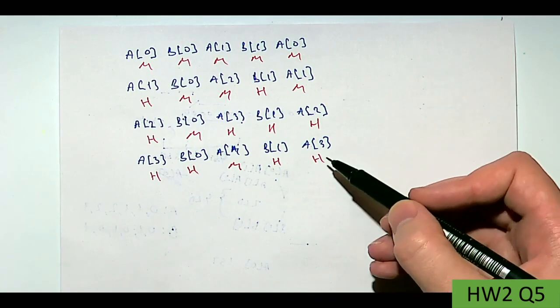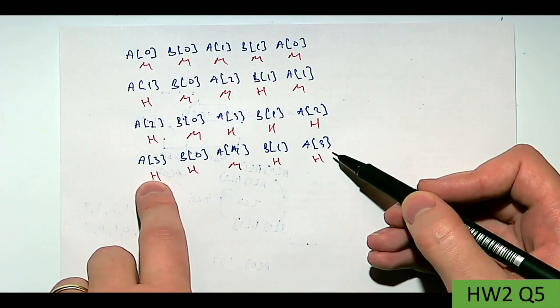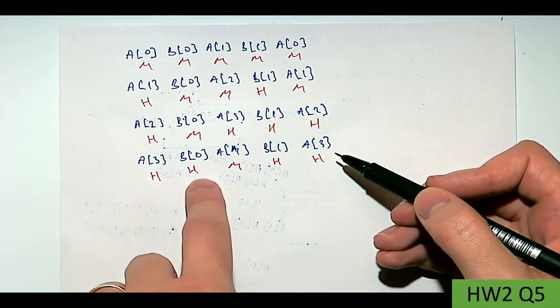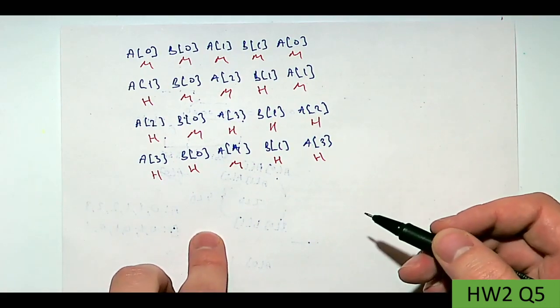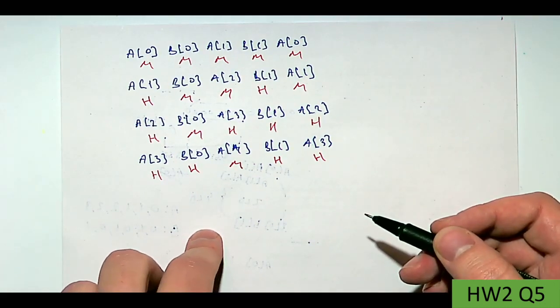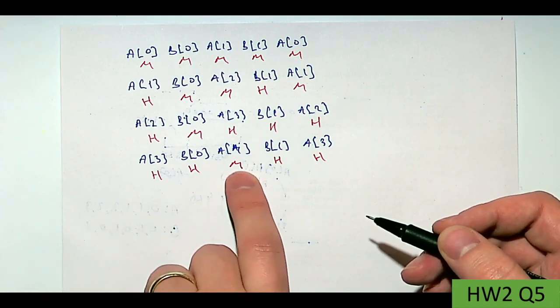And we will also always get a hit for A3 because we first access it at the beginning of the iteration, and then B won't conflict with it. And every second iteration, we will get a miss on this element here.